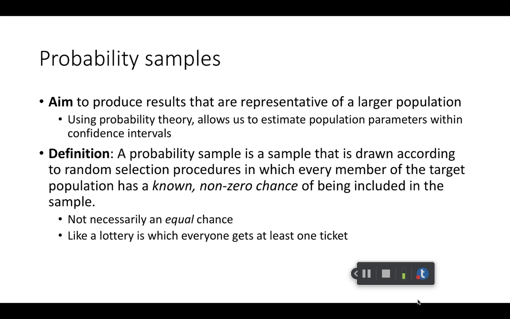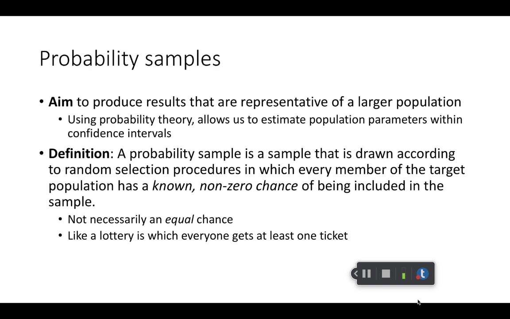A probability sample is a sample that's drawn according to random selection procedures in which every member of the target population has a known non-zero chance of being included in the sample. So you see that every member of the target population has a chance of being included in the sample, not necessarily an equal chance, for reasons we'll talk about in a minute.